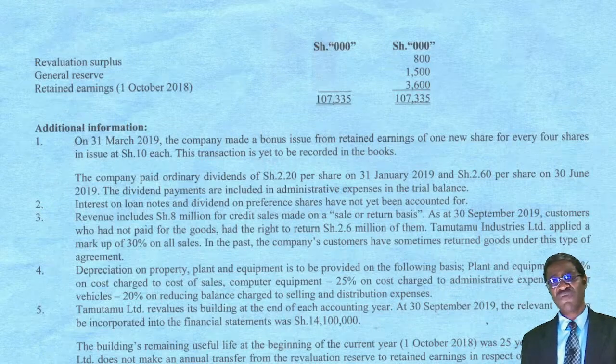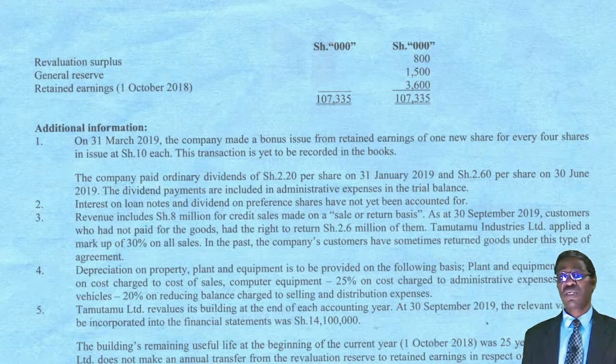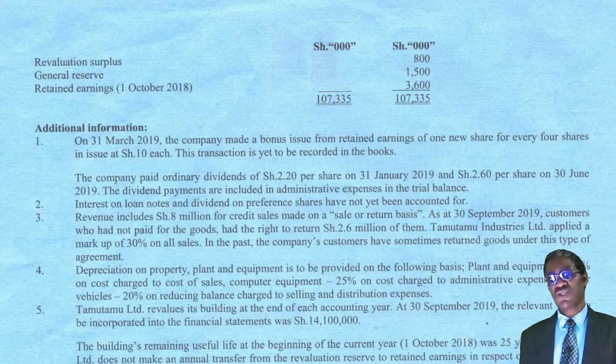So somewhere on 31st March 2019, the company made a bonus issue from retained earnings of one new share for every 4 shares in issue at 10 shillings each. This transaction is yet to be recorded in the books.